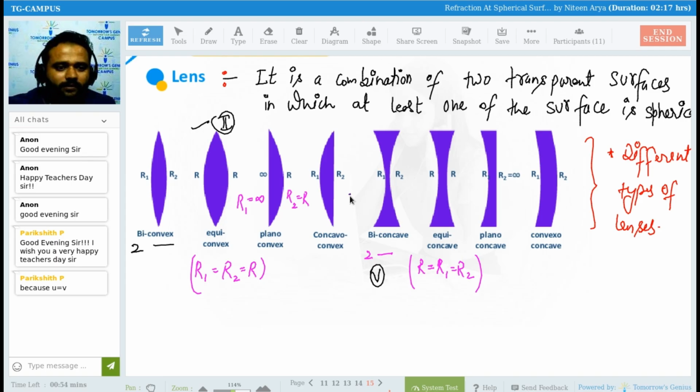So where was I? Biconcave or biconvex, equiconcave or equiconvex surfaces, or plano lenses, will be used in great detail.